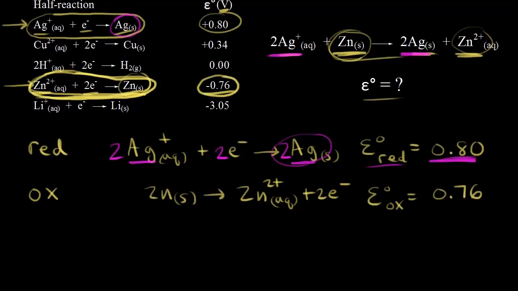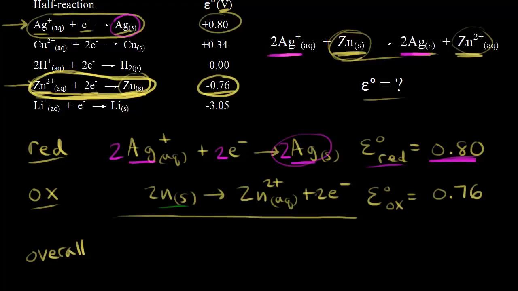Next, we have the number of electrons equal, so we can add our 2 half reactions together to get our overall reaction. If you add the reduction half reaction and the oxidation half reaction together, we get our overall reaction. The electrons lost by zinc, these 2 electrons here, are the same electrons that are gained by the silver ions. So those cancel out. And on the left side, we would have 2Ag plus solid zinc.